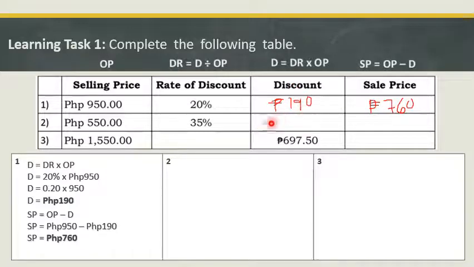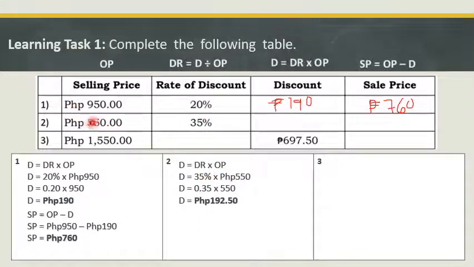Then, sa number 2, ganun din po. So, discount natin, multiply lang natin yung DR sa OP. So, 35% times 550 pesos. Then, 35%, convert natin sa decimal, magiging 0.35 times 550. Makukuha natin is 192 pesos and 50 centavos.